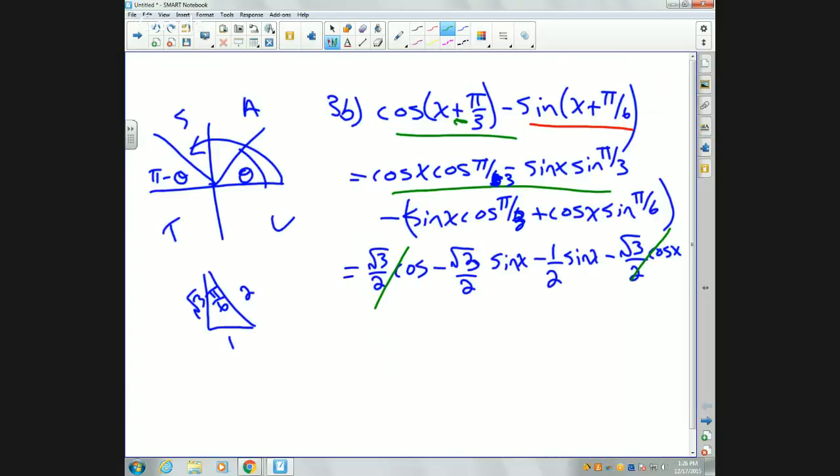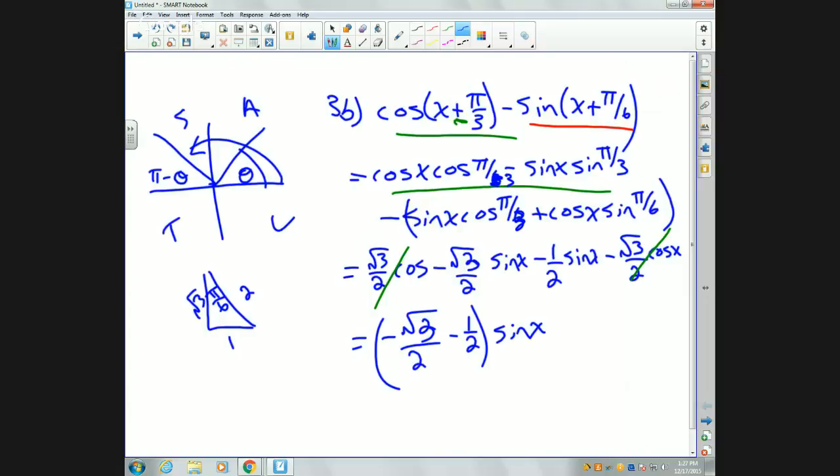And I guess what's left is a negative root 3, having a hard time with 3's today, over 2 minus 1/2. I think that's right. Negative root 3 over 2.